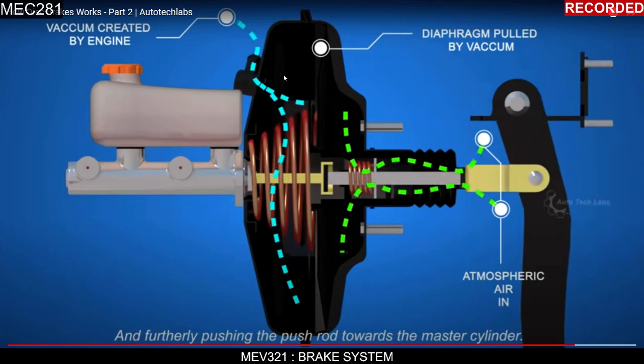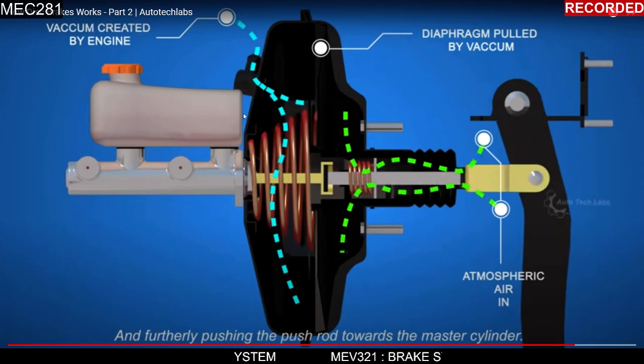So that's why if you shut down your engine and then press the brake pedal, you will push a little more force, okay, because the servo here doesn't give you a boost since there is no vacuum created by the engine. So you have to push by your own force if you shut down the car or the car is broken down.